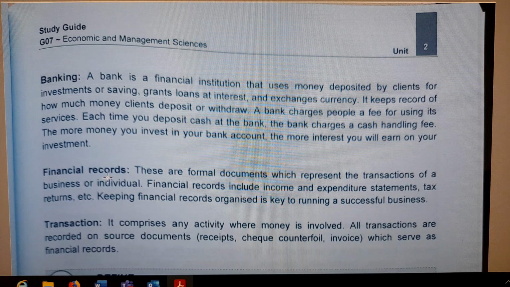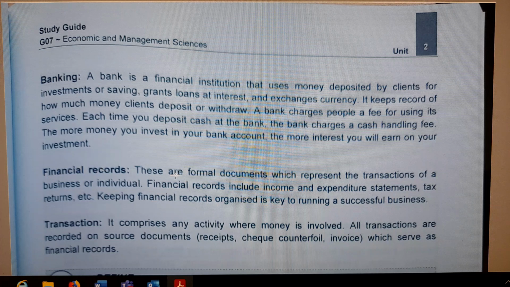And the next is financial records. These are the formal documents which represent transactions. A transaction is when you are taking money out of the business or money is getting into the business. Any movement of money within the business, into the business or out of the business, we call a transaction.